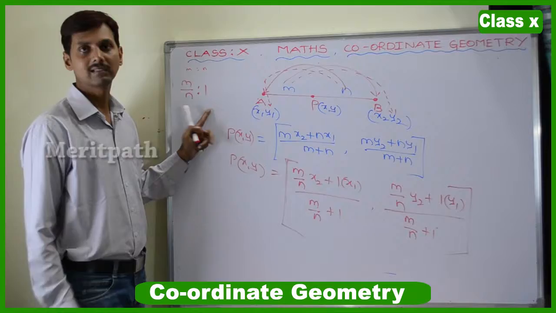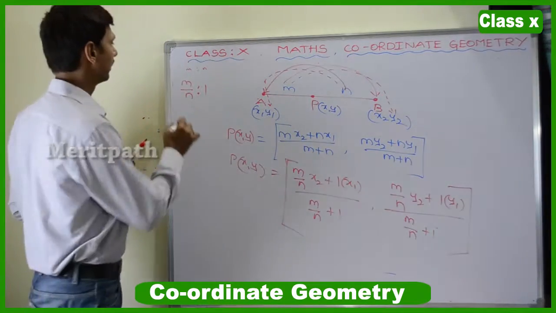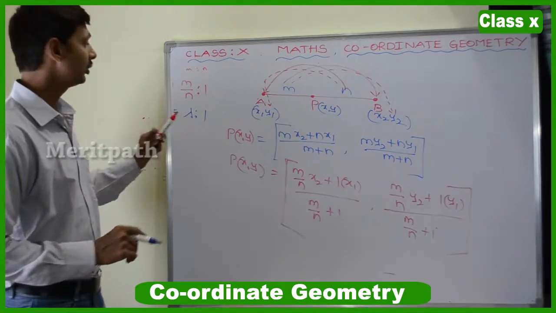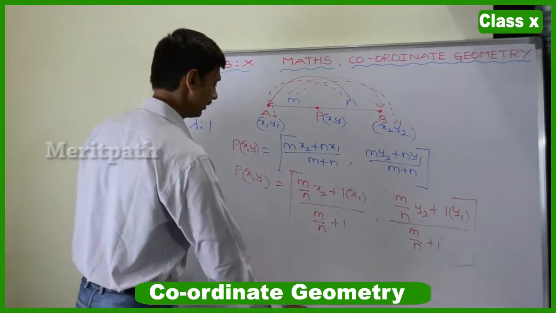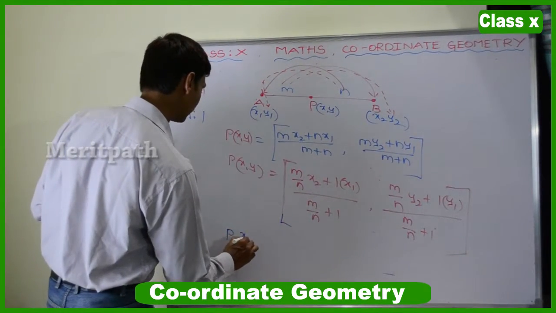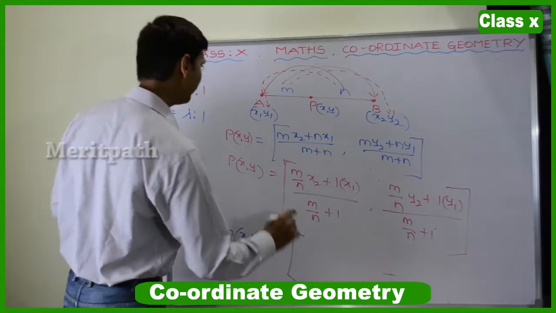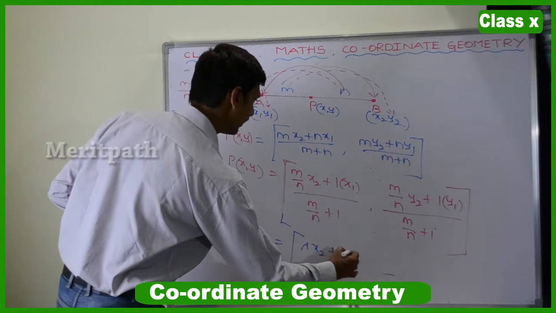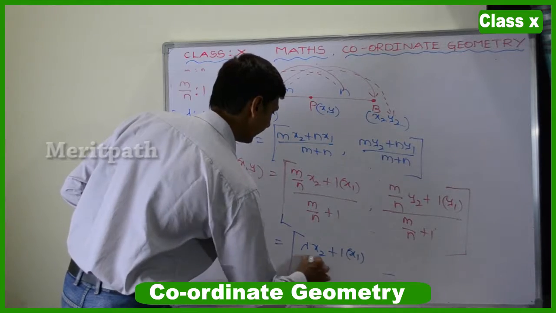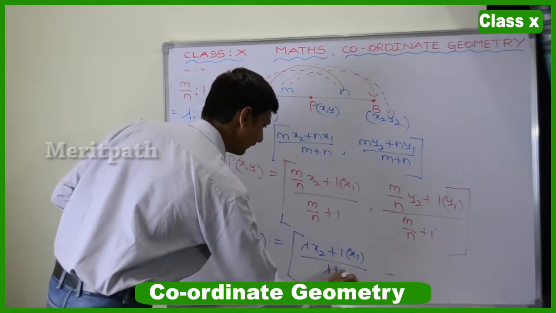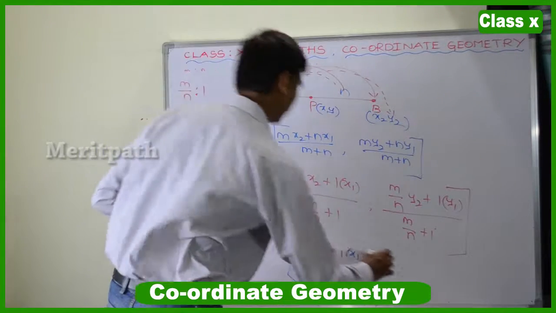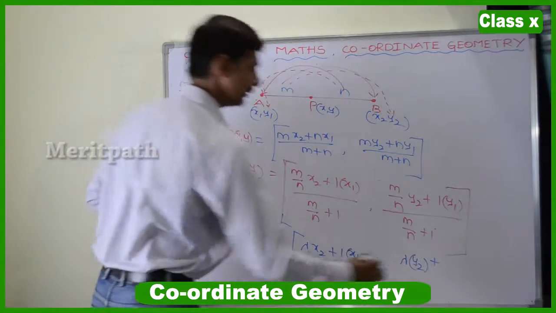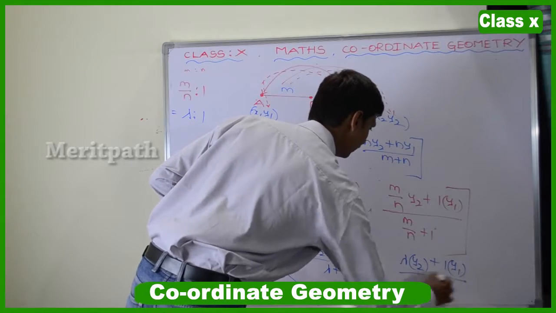It is also written as lambda is to 1, where lambda is equal to m by n. Let us see the section formula when the ratio is lambda is to 1. P(x, y) is equal to lambda into x2 plus 1 into x1 by lambda plus 1, comma, lambda into y2 plus 1 into y1 by lambda plus 1.